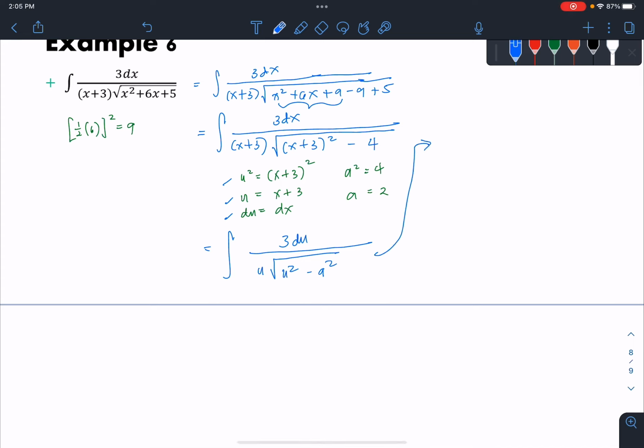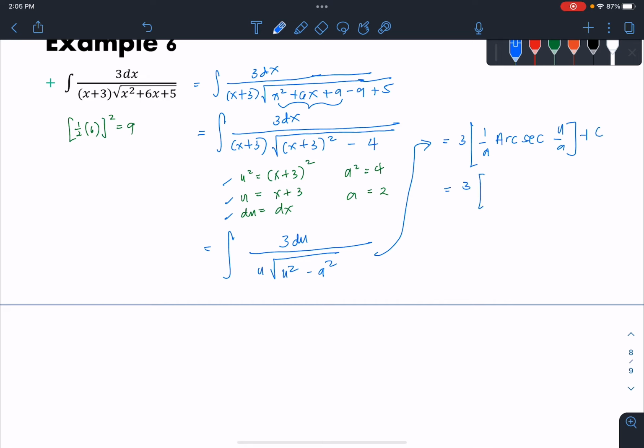So which is 3, multiplied with the du over u times the square root of u squared minus a squared, which is 1 over a arc secant of u all over a plus c.